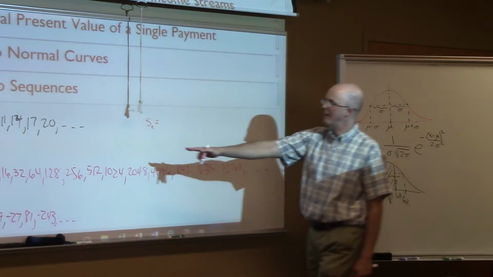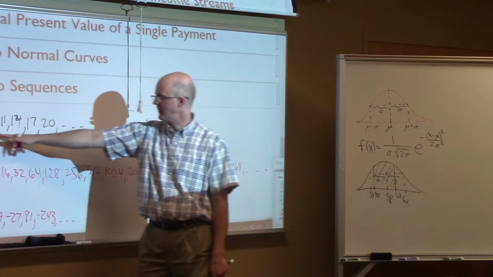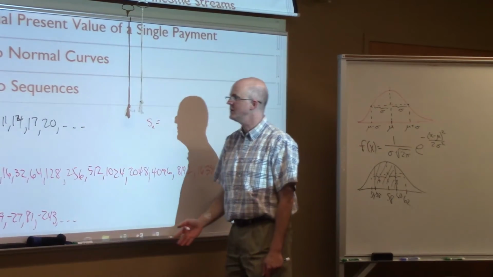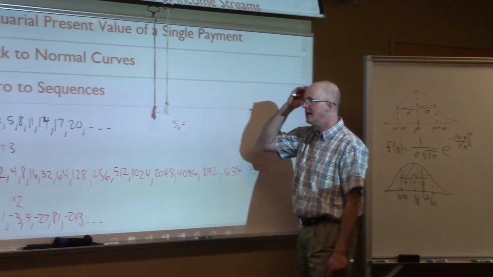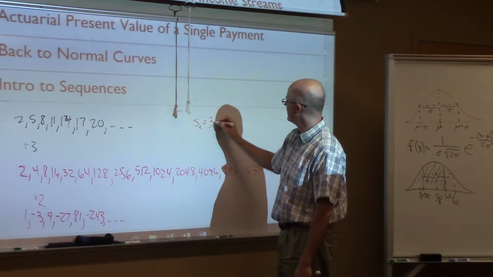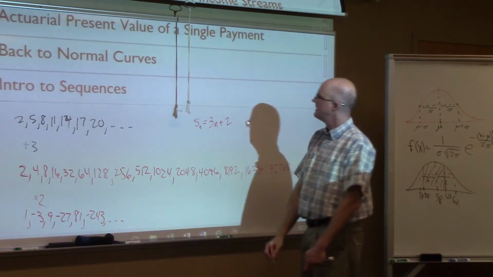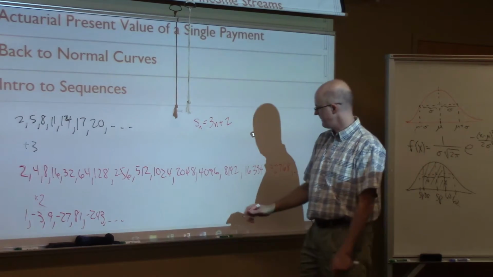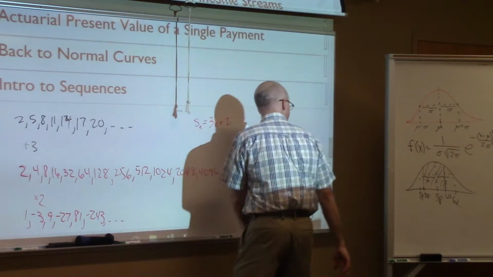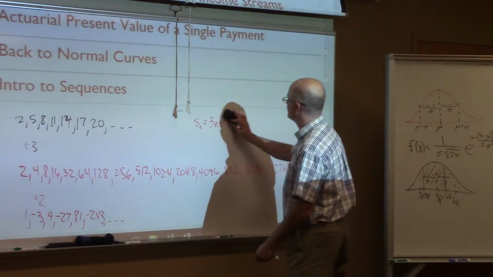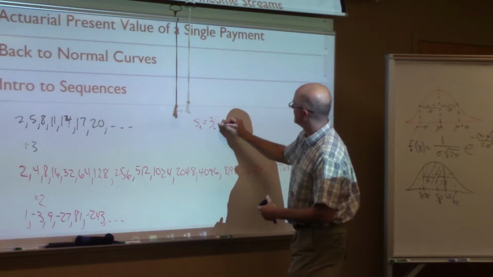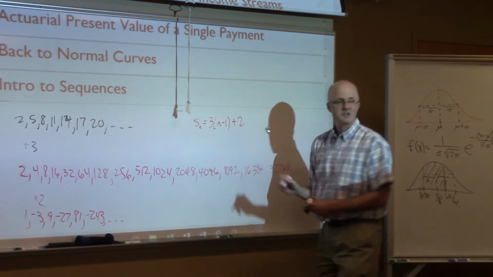Could I, for example, come up with a formula for S_n for this sequence? The first term is 2, the second term is 5. Yeah, I think so. A little bit of guessing seems to imply, wait a minute, no, that's not quite right. But that should work.